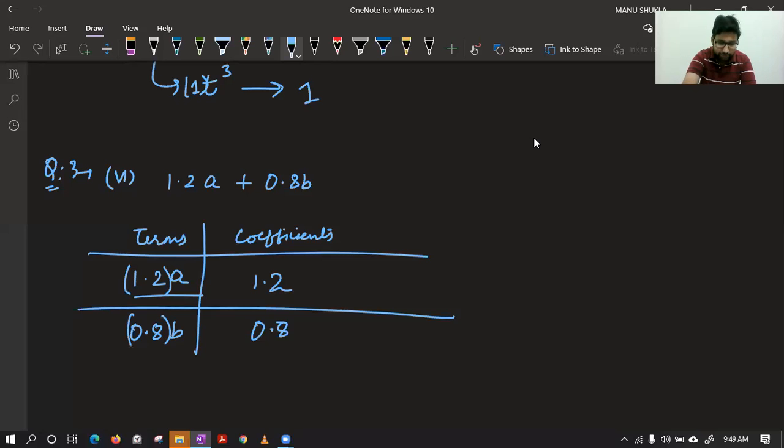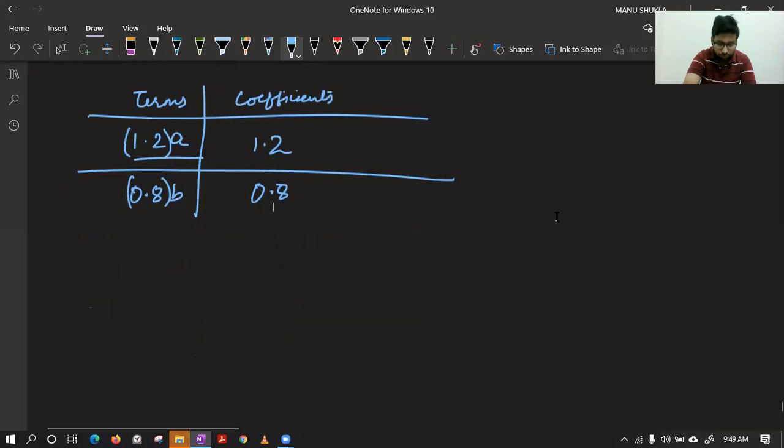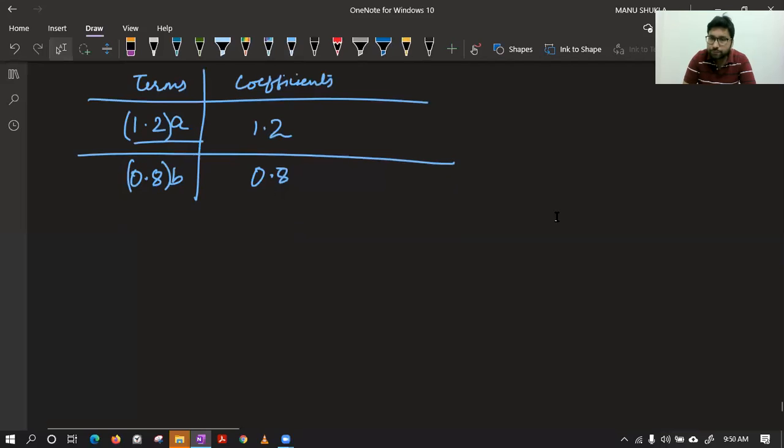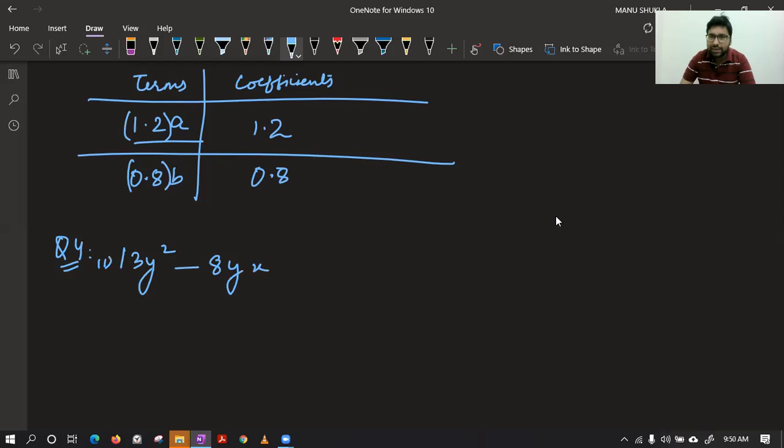Suppose I take question number 4 now. Identify the term which contains x and give the coefficient of x. Let us take 13y square minus 8yx. Class, tell me, there are two terms.